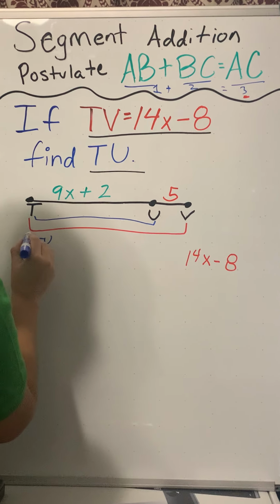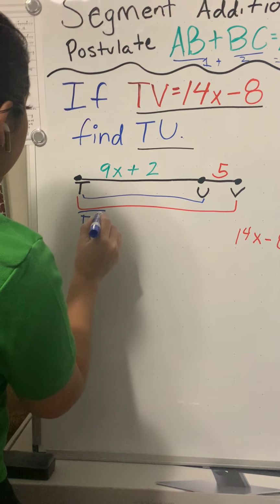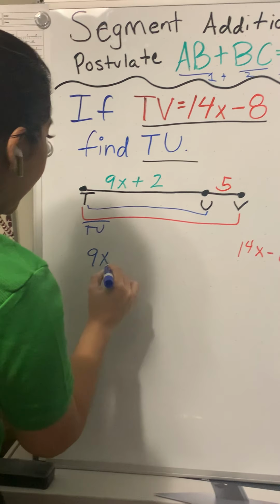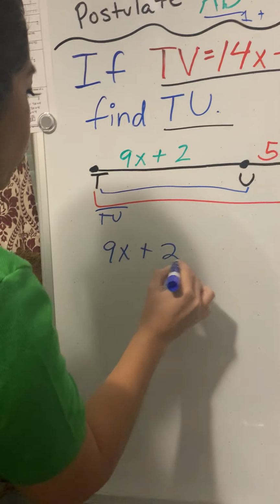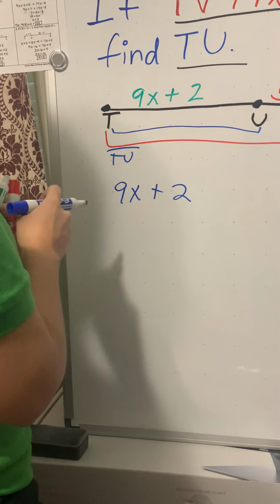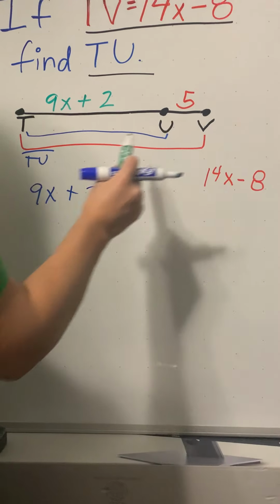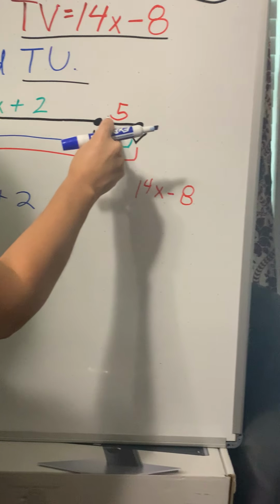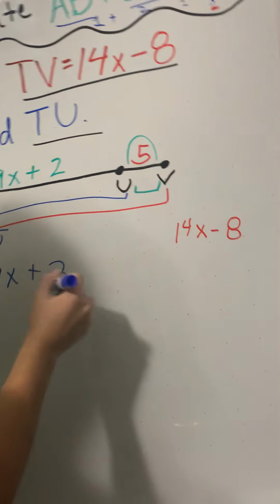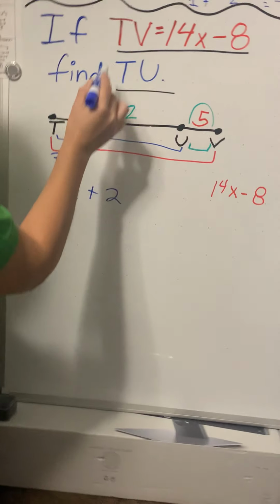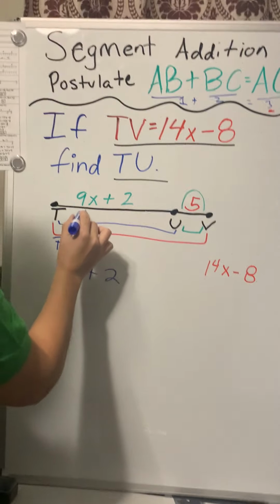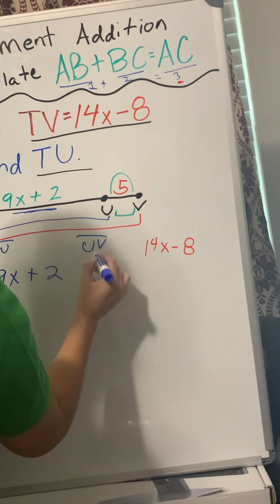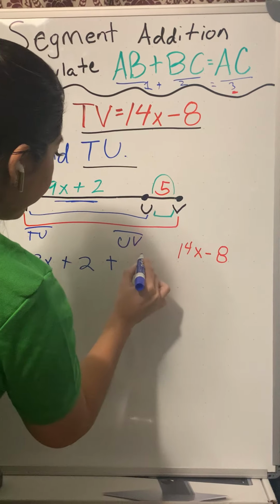Then our part 2 is UV, and we know it's 5.